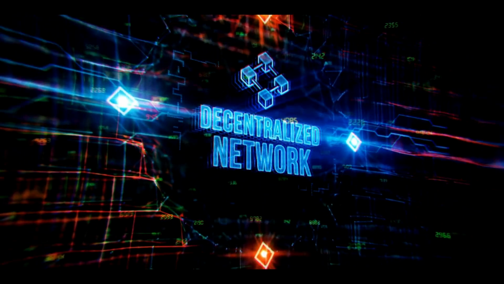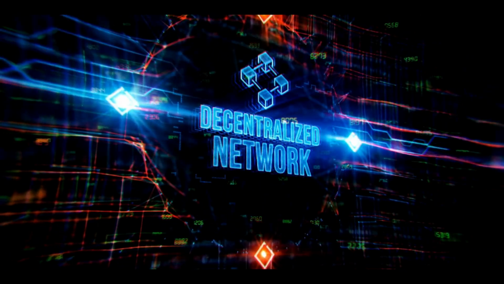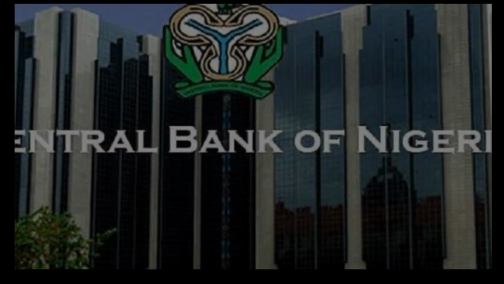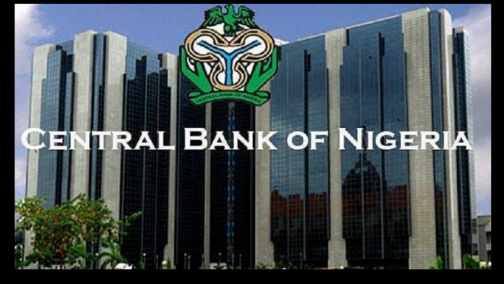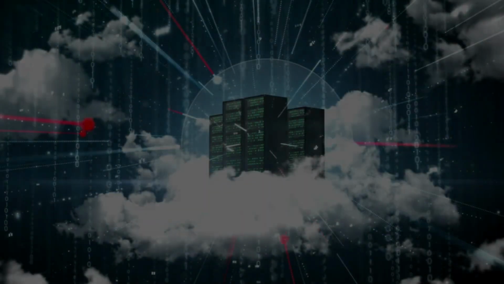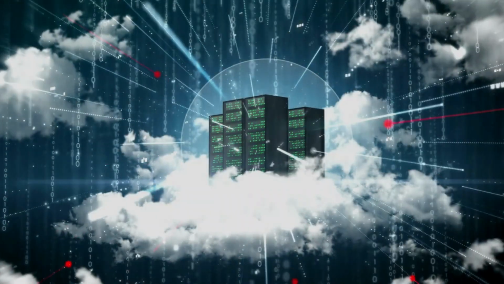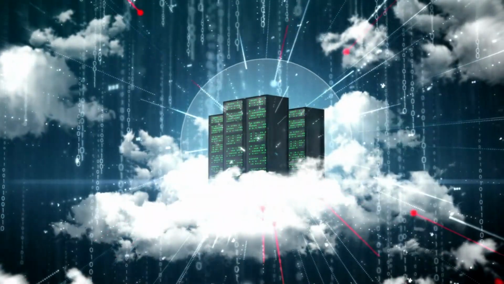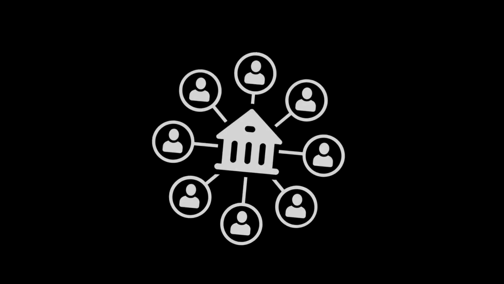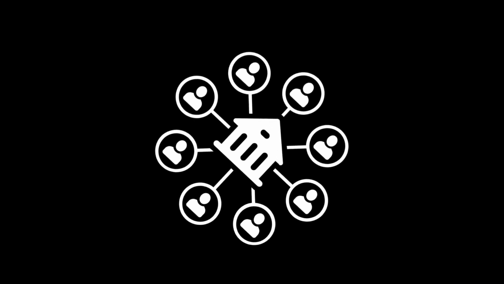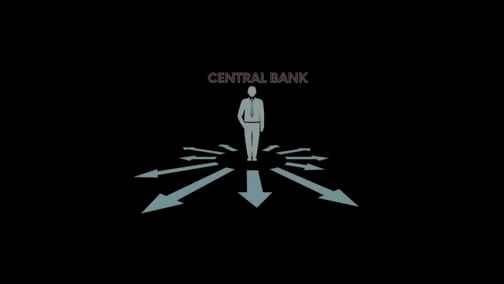Let me illustrate using the central bank, or in this case, the Central Bank of Nigeria, where I am from, which operates in a centralized method. Now, listen to what I said, it operates in a centralized method. It is centralized because there is a single central bank or governing body that controls and oversees all the activities of all the other banks in the country.